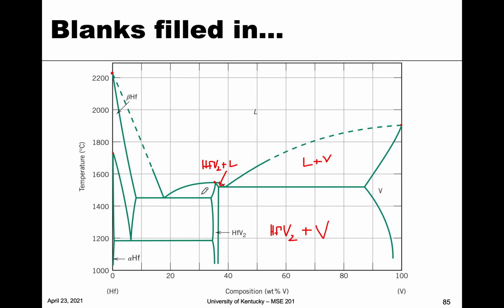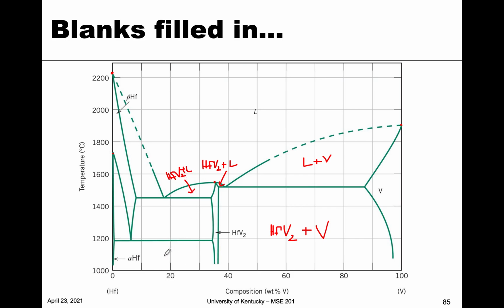All right. Same thing here. We have hafnium vanadium 2 and a liquid. So these actually are going to be labeled the same way, but I'll rewrite them just to be clear. I apologize for this, but hafnium vanadium 2 plus liquid.